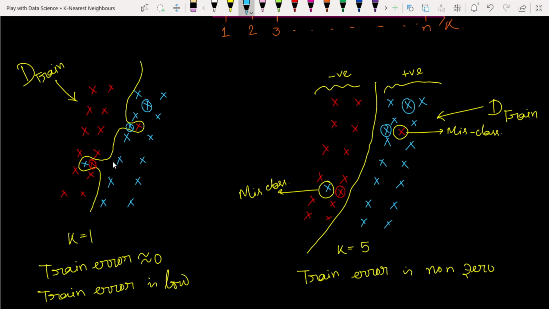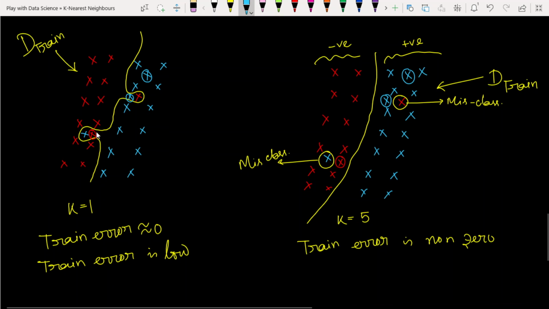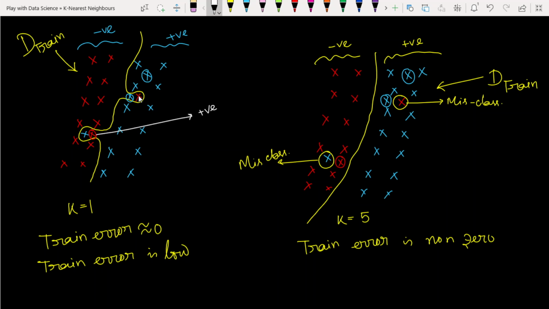So for this case, when we have taken k equals 1 and this non-smooth curve, our curve calls this point a positive region, and on this curve it is the negative region. The decision surface calls this point a positive point, and calls this point a negative point.